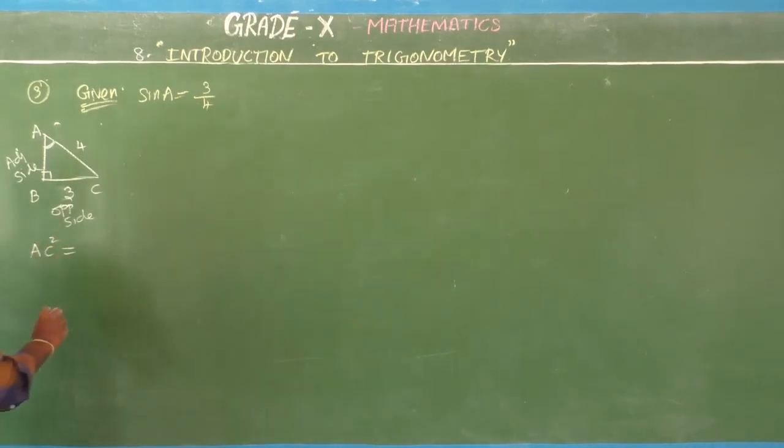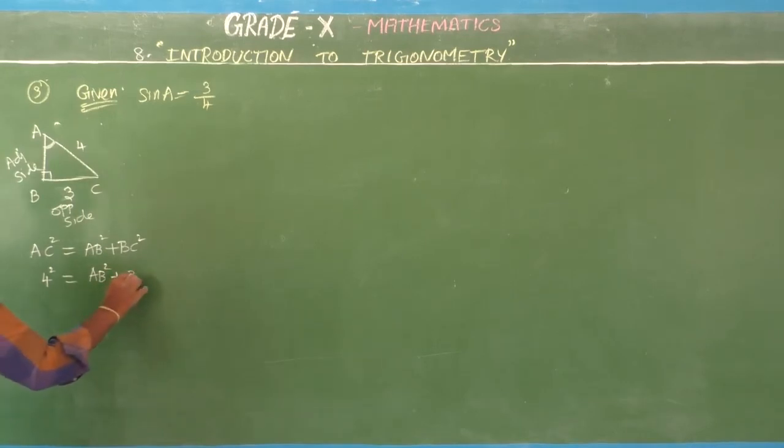AC square is equal to AB square plus BC square. AC is 4, so 4 square is equal to AB square plus BC square, which is 3 square. AB square we don't know, the adjacent side. So 4 fours are 16, equal to AB square plus 9.